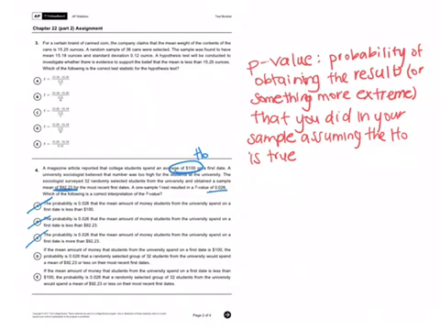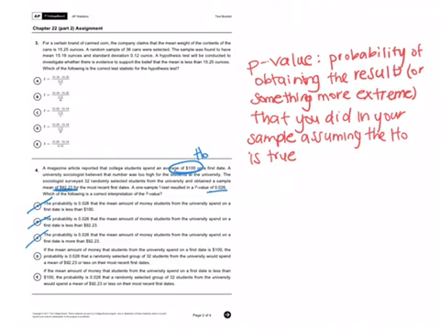Moving down to E, because it looks very similar, so we're going to have to find the differences in these. If the mean amount of money that students from the university spend on a first date is less than $100, the probability is 0.026 that a randomly selected group of 32 students from the university would spend a mean of $92.23 or less on their most recent first dates.